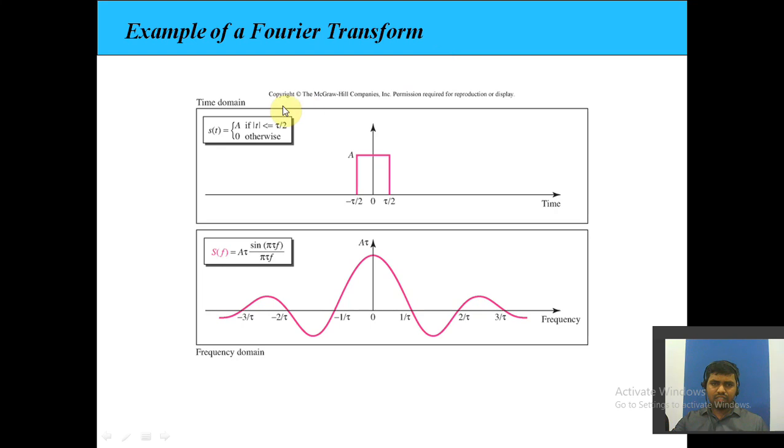It can transfer the information from time domain to frequency domain, and after completion of the process, the Fourier analysis does the same thing as a vice versa operation, frequency domain to time domain. This is the timeline, and this is the frequency in the form of lambdas, minus 3 lambda, like that. So this is the information regarding Fourier analysis or Fourier transform.